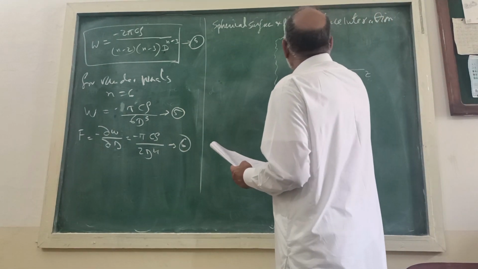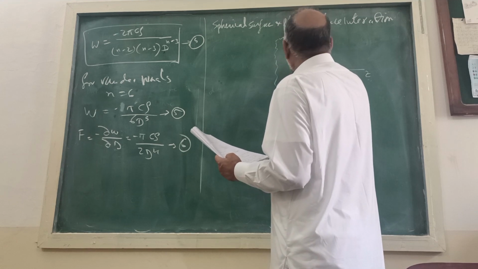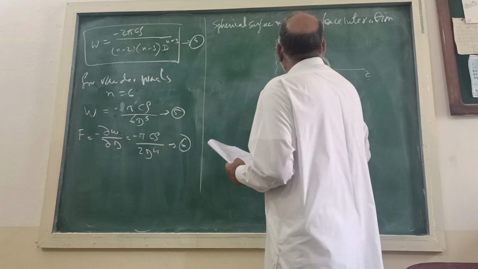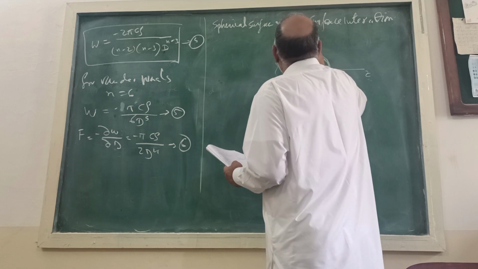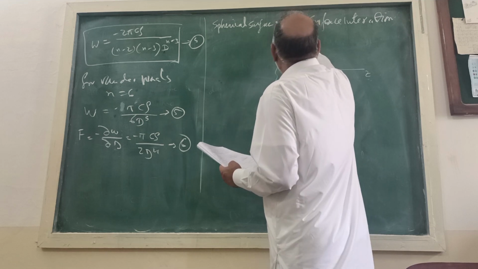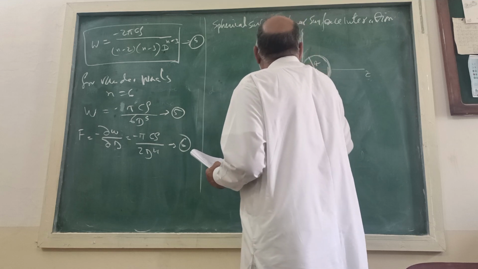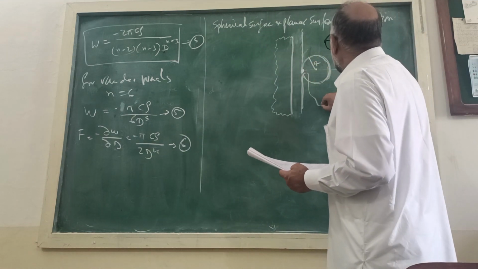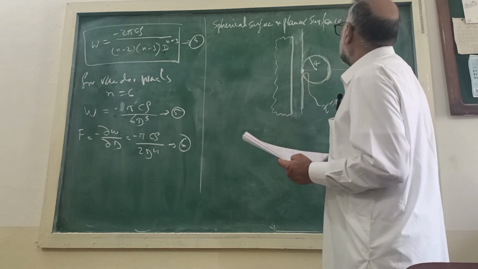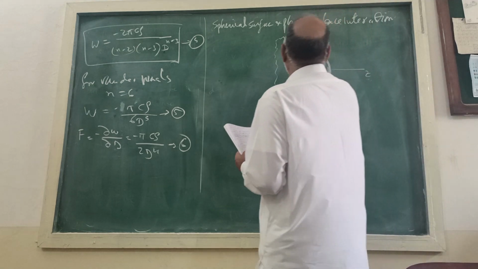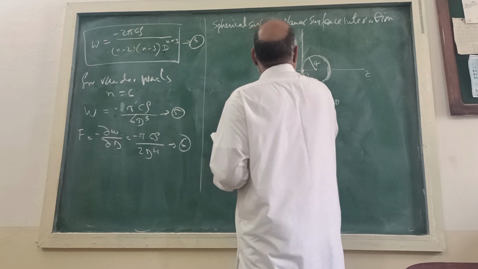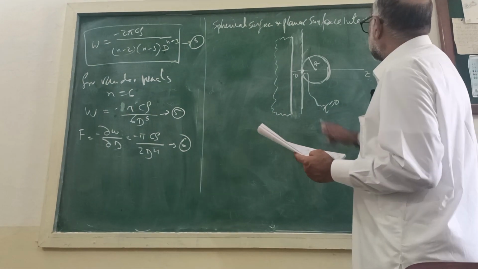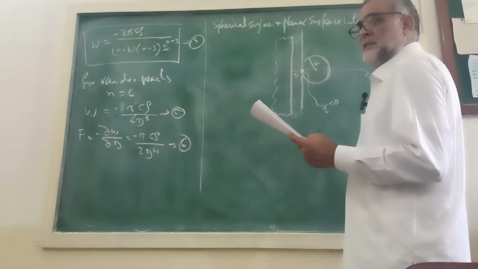And in this situation, the surface, now z equal to 0. Our separation becomes d. So the separation between the surface and this side of the sphere is d.